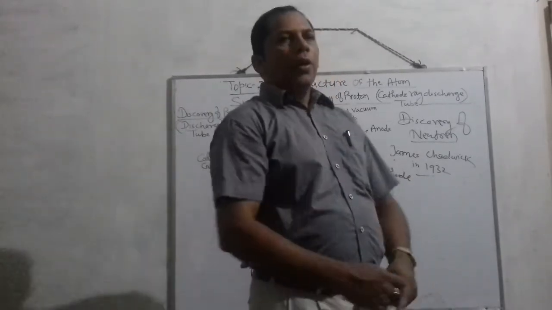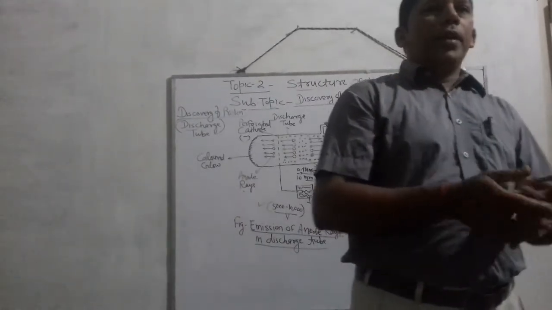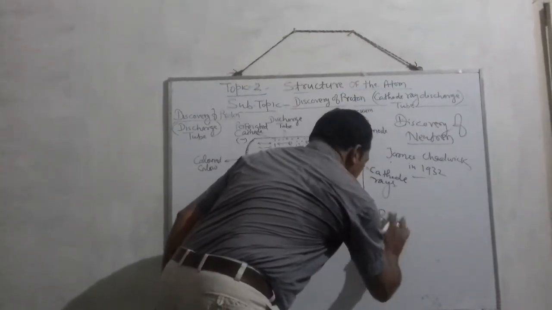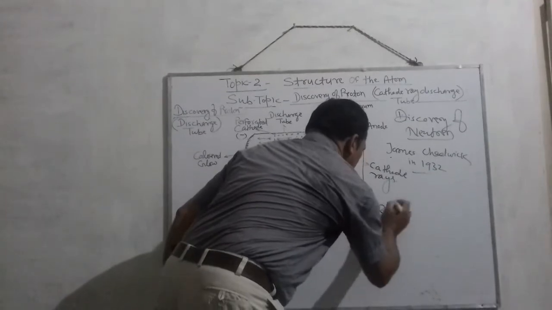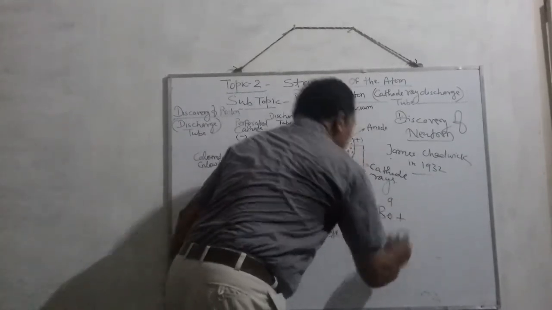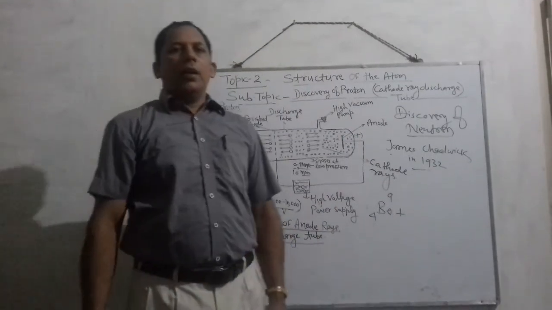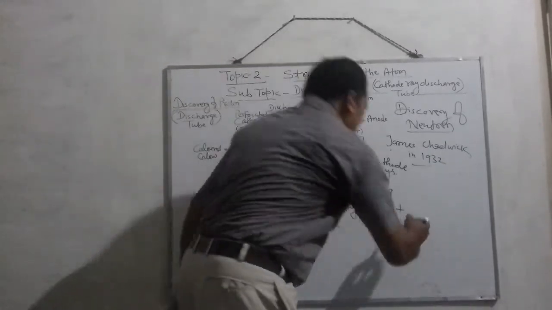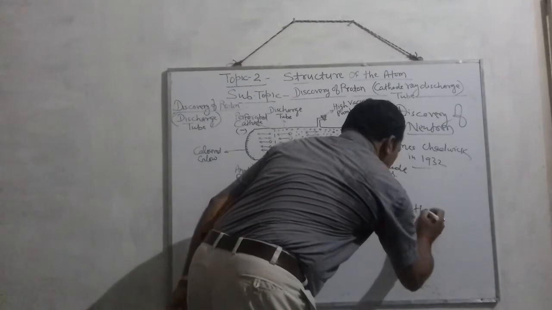Once again I am reminding you of the point. What happens when a thin foil of beryllium metal, suppose 4Be9, is bombarded with fast moving alpha particles, and you know how the alpha particle is represented.